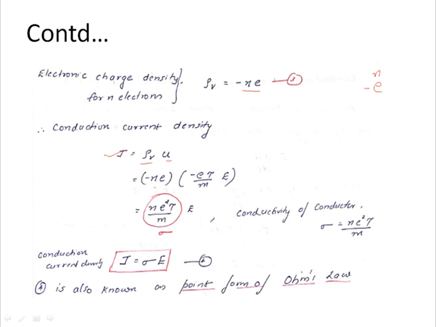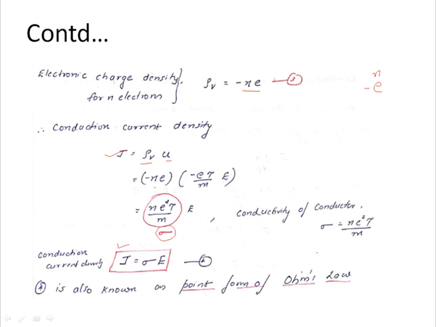U we have derived earlier, that is also placed over here. Then combining all the constant terms, n, e, tau and m, they are equivalent to sigma. Sigma is known as conductivity, and E is the electric field intensity. So we can conclude that J is equal to sigma E, where sigma is the conductivity.